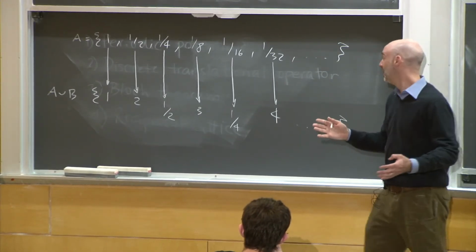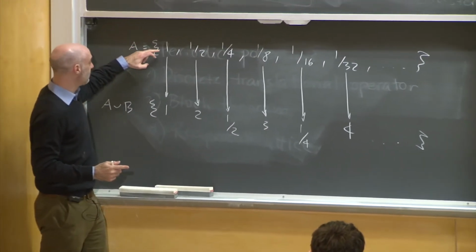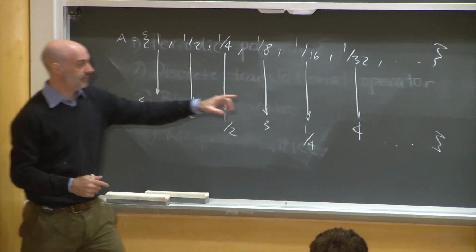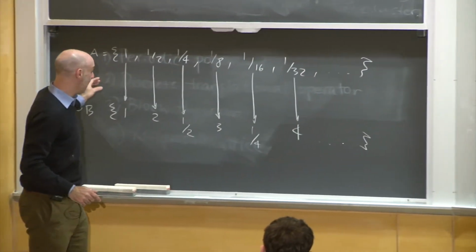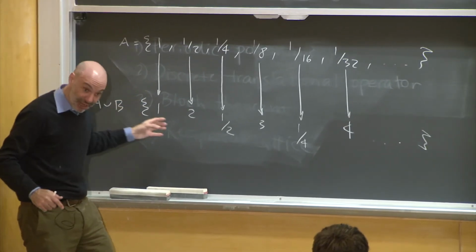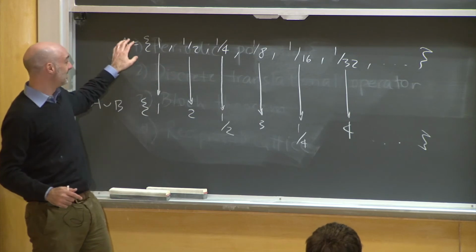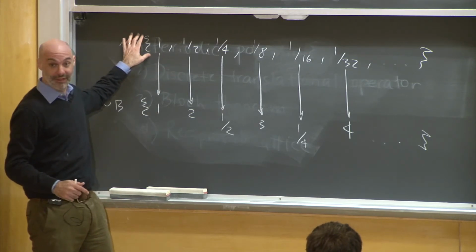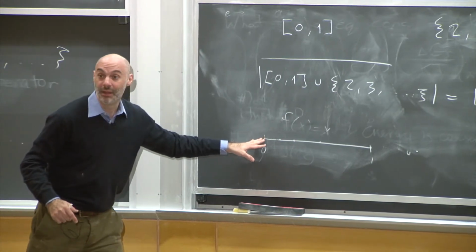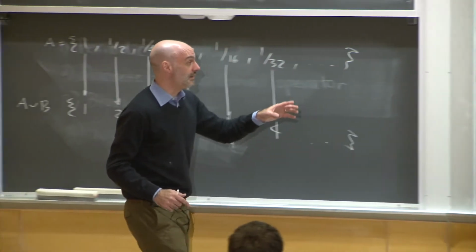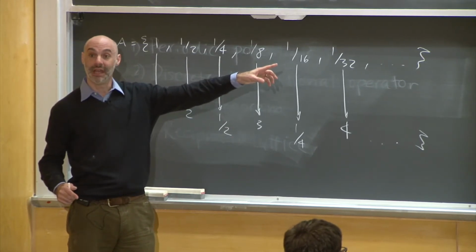The odd numbers of A, the points in odd positions, are just going to be mapped onto another copy of the entire set A. And the even members of A, the points in even numbered positions, are going to be mapped onto the members of our additional countable set.